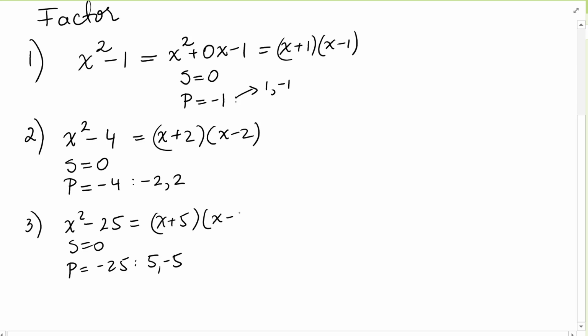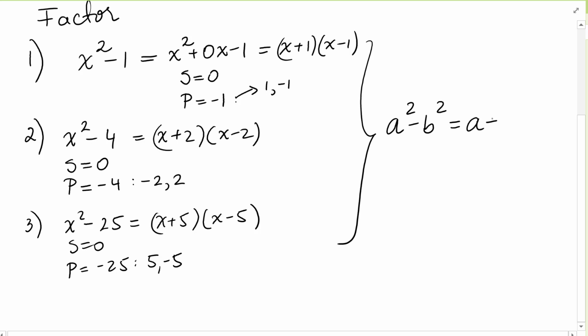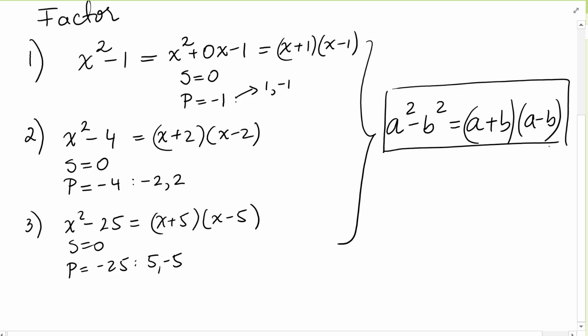And I bet by now you figured out a pattern. If I have a squared minus b squared, right? If I have a perfect square minus another perfect square, the factors are a plus b, a minus b. So this is our first formula for special factoring. So now you don't have to go through all the sum and product.